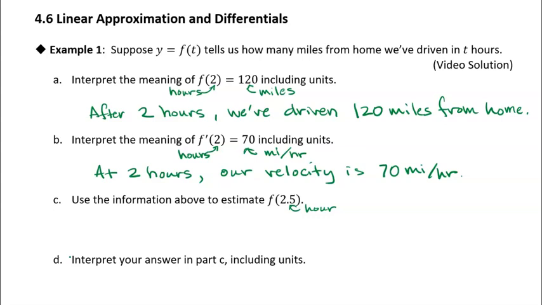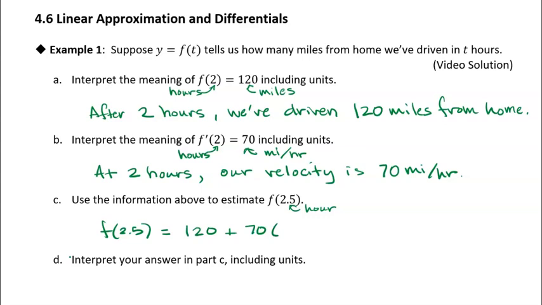But essentially what we're doing is finding f at 2.5. We're taking the distance we were at 2 hours, which was 120 miles, and adding on 70 miles per hour times the additional half hour.